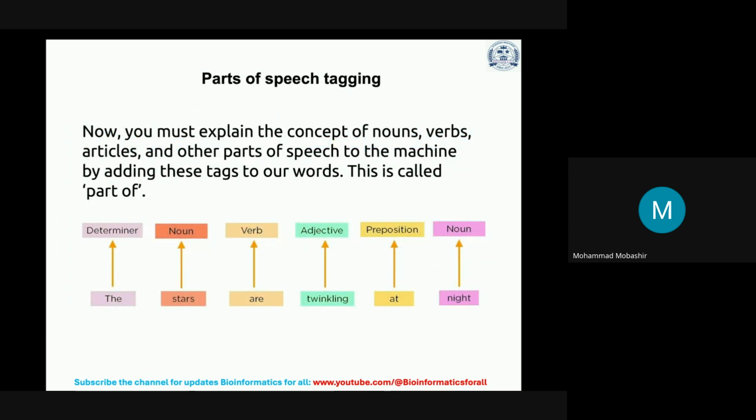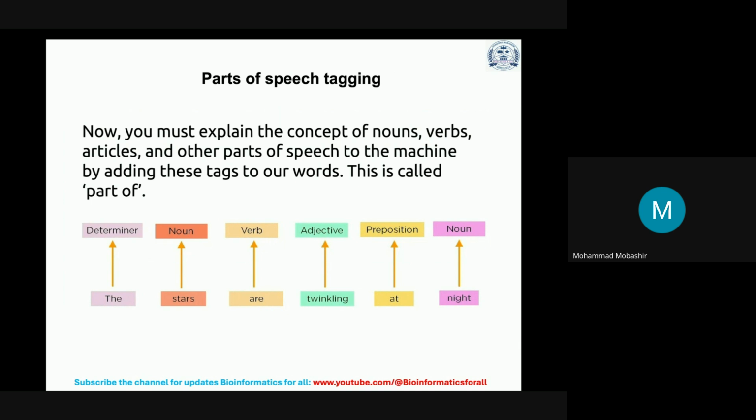Now, what are the parts of speech? If you are familiar with basic English, even in non-English speaking countries, then you are quite familiar with the parts of speech where you need to understand the basic grammar for sentence forming.